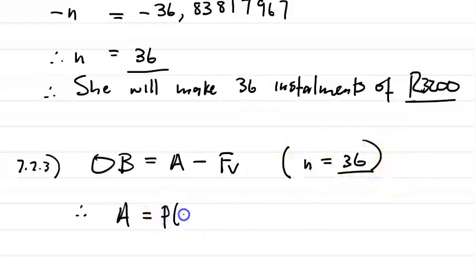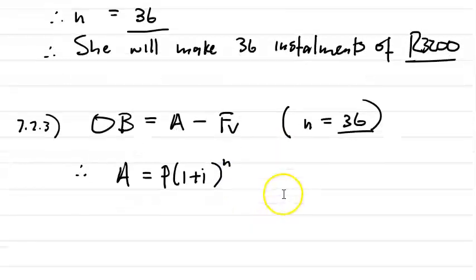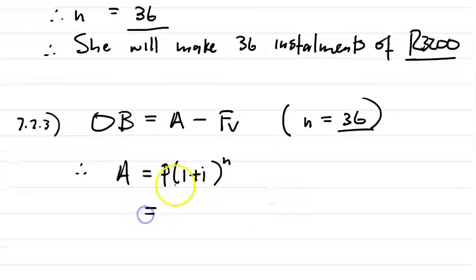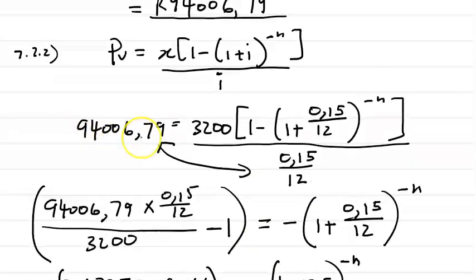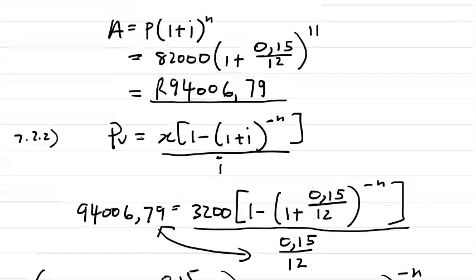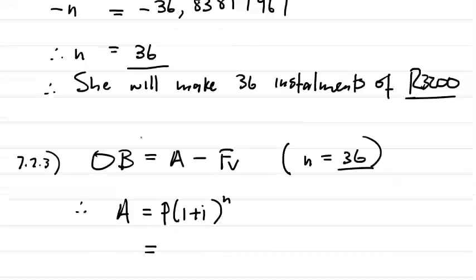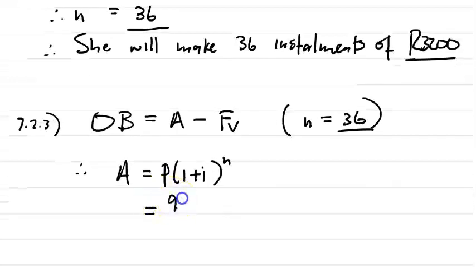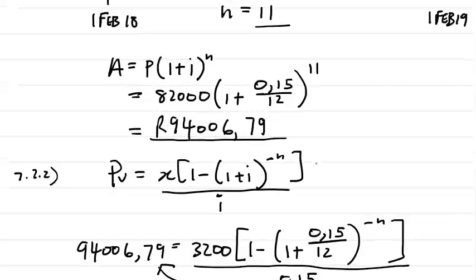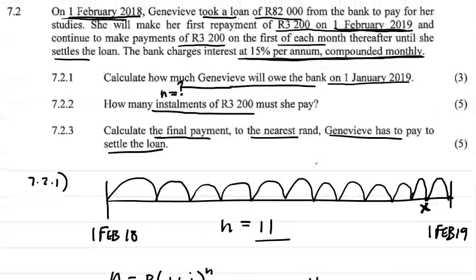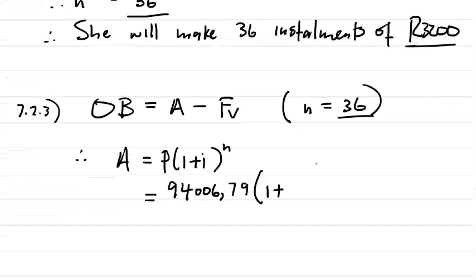So this now is P into 1 plus i to the n. So that's the compound interest formula. P is the loan amount. So the loan amount is 94,006 rand and 79 cents, plus the interest rate is 15% per annum compounded monthly.